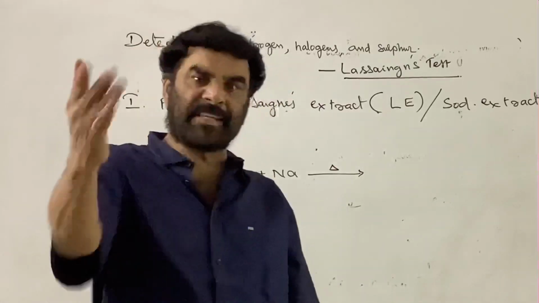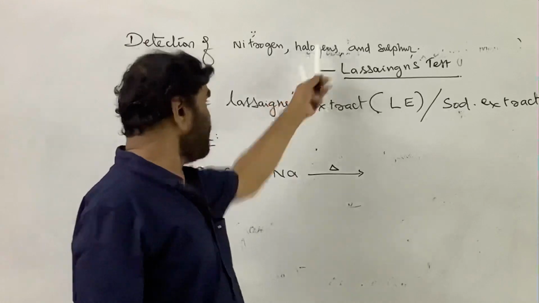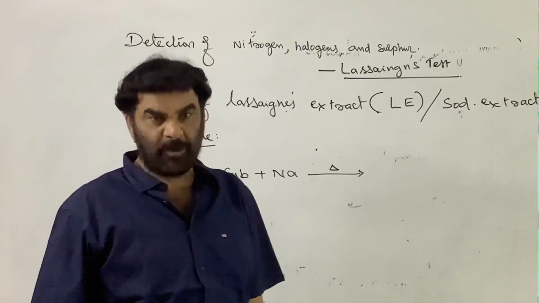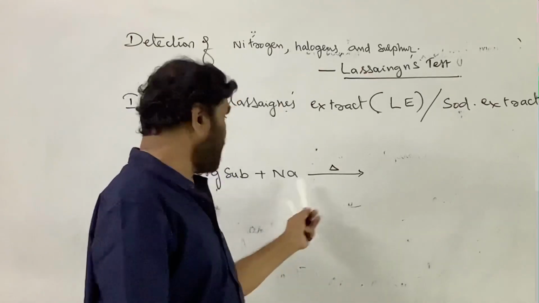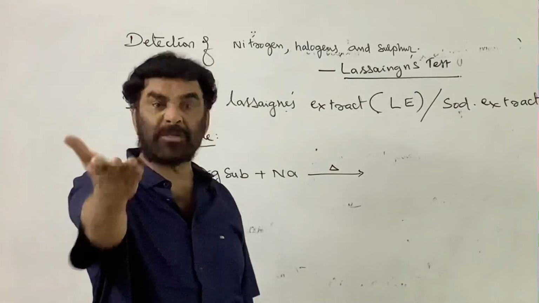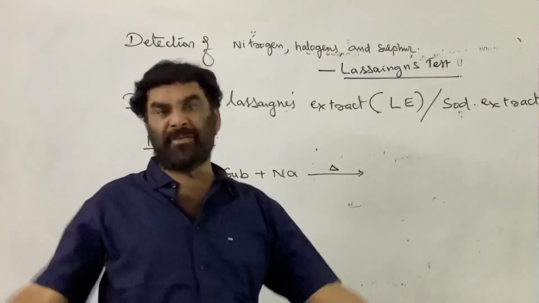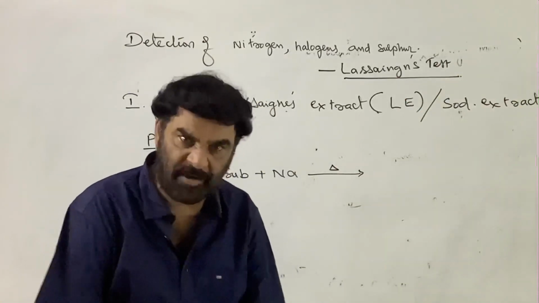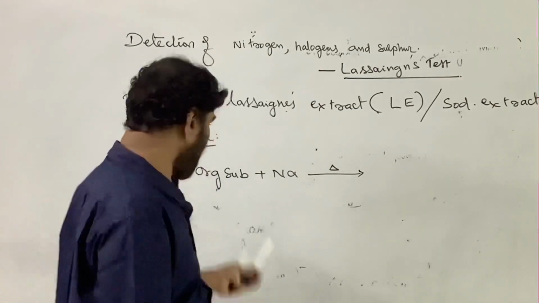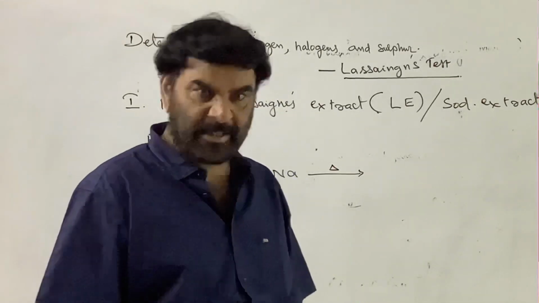During this process, the halogen present in the compound is converted into the halide ion. If chlorine is present in the given organic compound, sodium chloride is formed. If bromine is present, sodium bromide is formed, which is the source for the free bromide ion. If iodine is present, sodium iodide is formed. If fluorine is present, sodium fluoride is formed. That is, you are converting into the inorganic fluoride ion. Now, if nitrogen is present in the given organic compound during this process, then what happens?